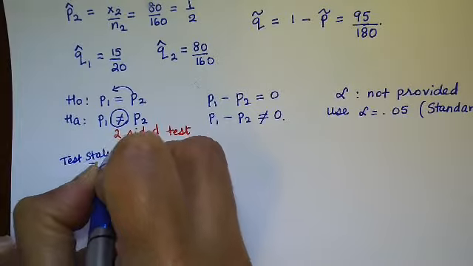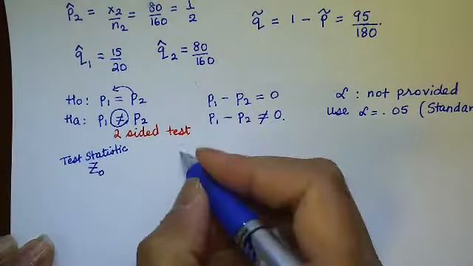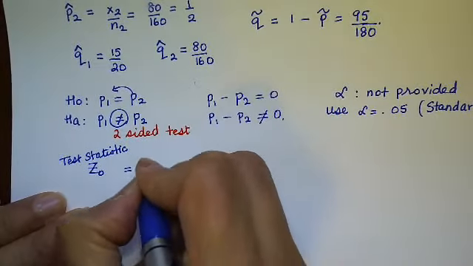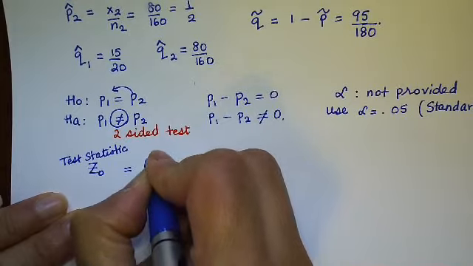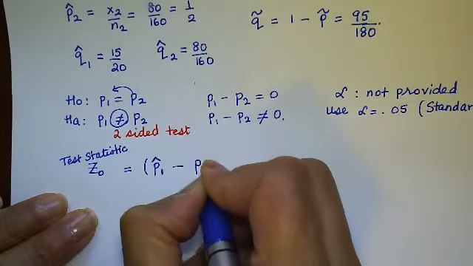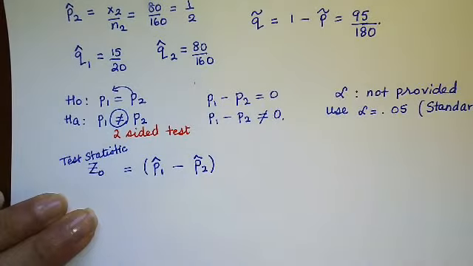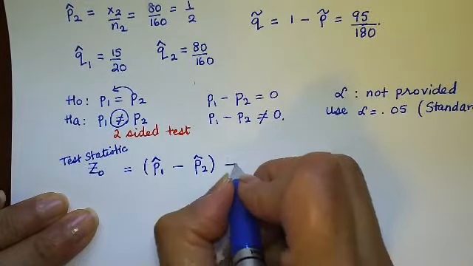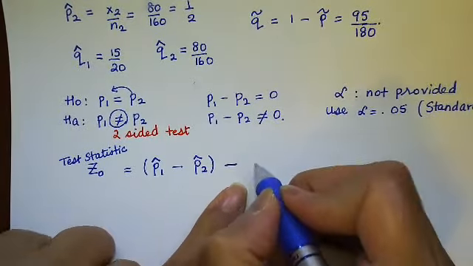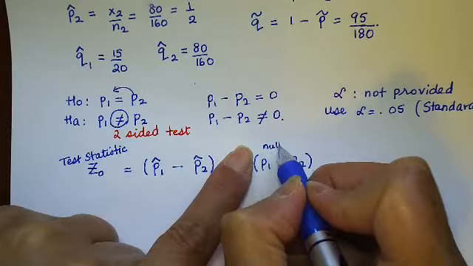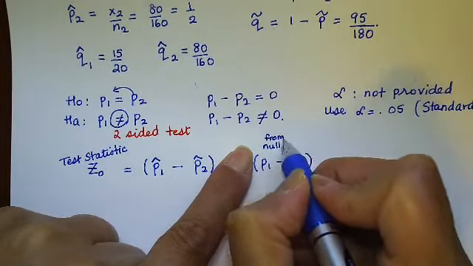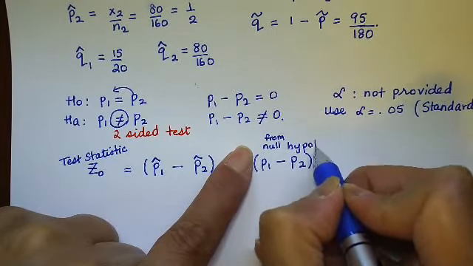So Z0, the test statistic, is created by taking the sample proportions P1 hat minus P2 hat. So I take the difference in the sample proportions minus P1 minus P2 obtained from the null hypothesis.